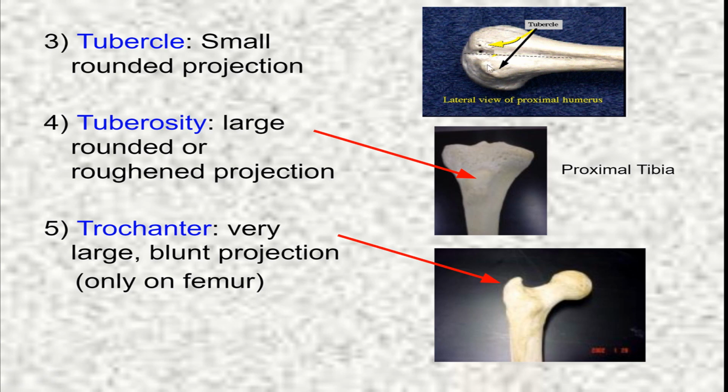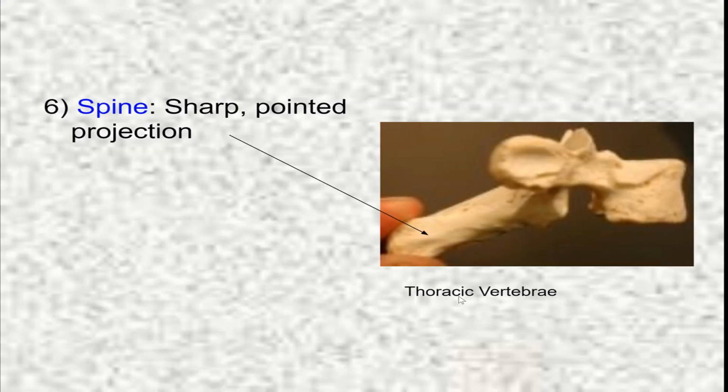You have a tubercle, which is the raised projections like here and here. Tuberosity, this is where you have a roughened rounded projection. And then you have the trochanter, which is kind of hook-shaped. And then finally we have spines, which are pointed projections. And that is the last of our projections.